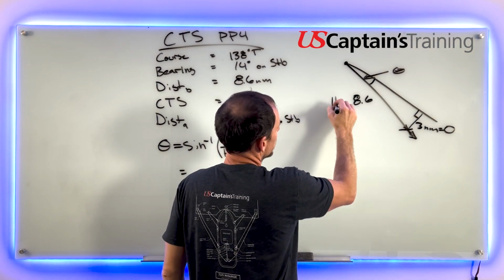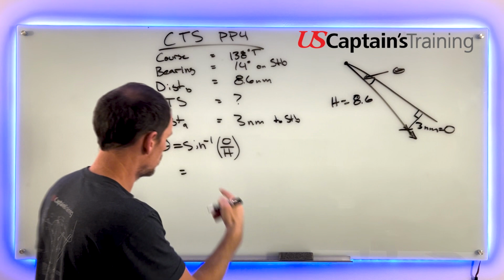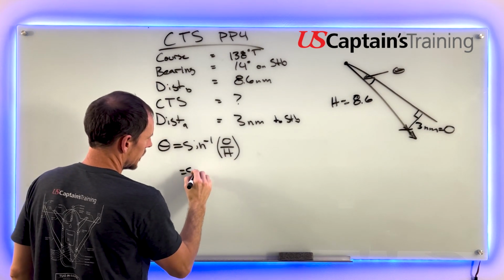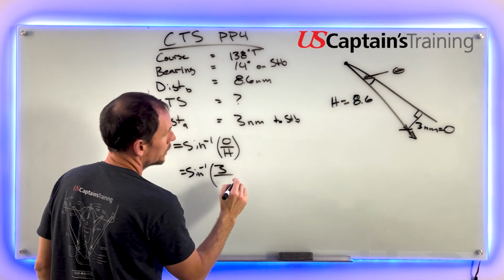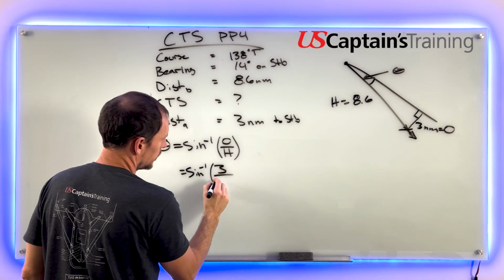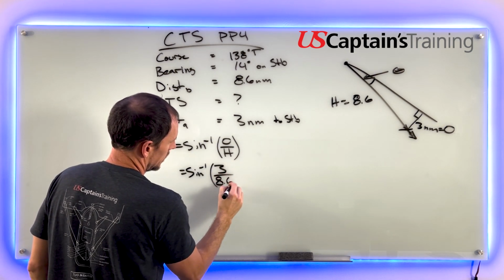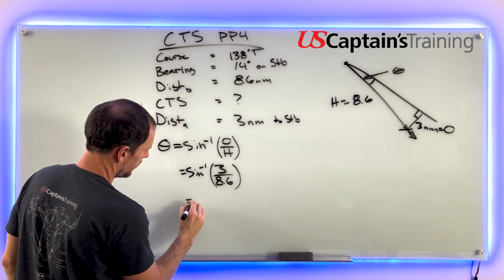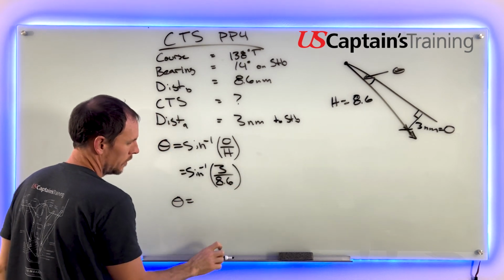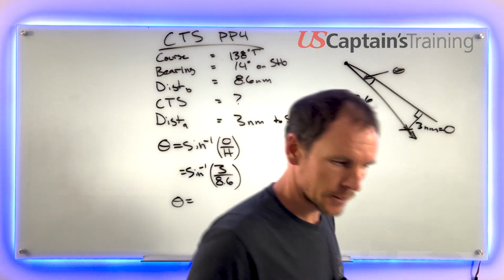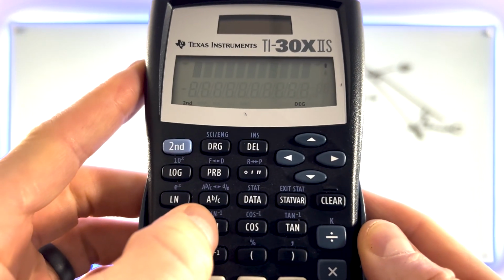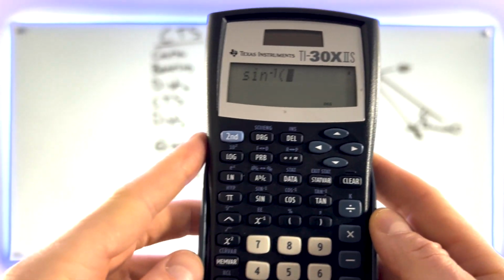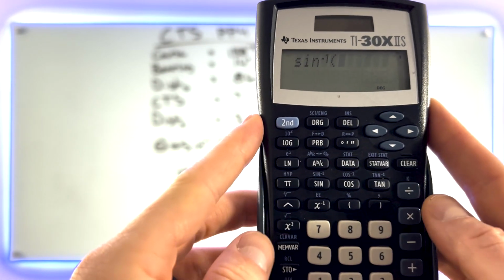So the hypotenuse is equal to 8.6, and we plug in our numbers. So now we can say sine^-1, opposite 3, divided by hypotenuse 8.6. What does that equal? Well, theta is going to equal whatever our calculator tells us it equals. And we say second sine^-1 of 3 divided by 8.6.